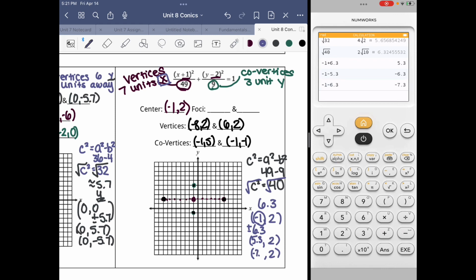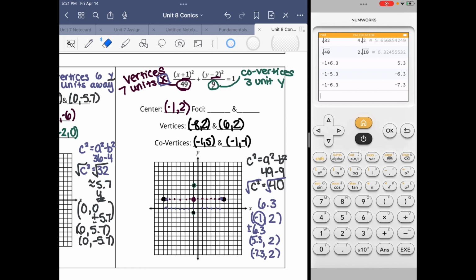So basically over 5 and a little more, up 2. So 1, 2, 3, 4, 5 and a little more, up 2, to 1, 2, 3, 4, 5, 6, 7 and a little more, up 2.